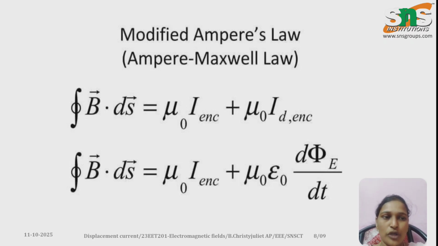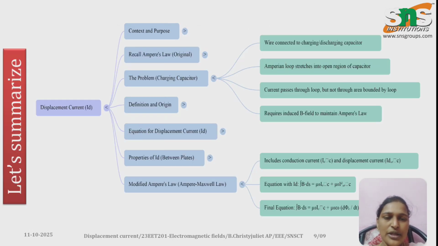Now substitute the value for I_D enclosed. Therefore, integral B dot dl is equal to mu naught I enclosed plus mu naught epsilon naught d phi E by dt. This concept is applicable for cases like capacitors, where Ampere's law fails to hold good.